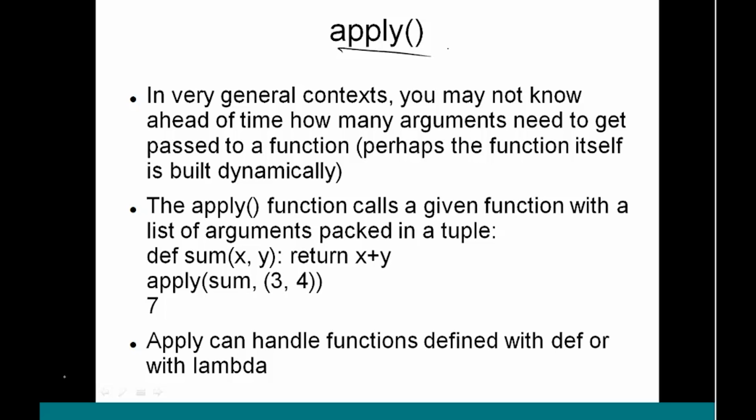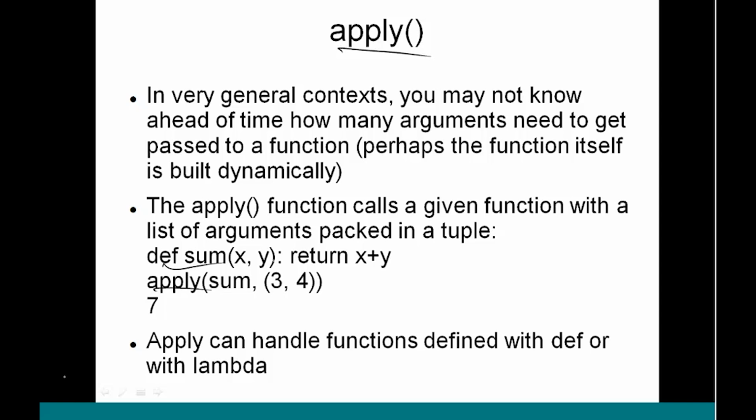This is a typical scenario, like variable arguments, and also if the function itself is built dynamically, then you won't know. So the apply function calls a given function with a list of arguments packed in a tuple. That's the usefulness of apply.